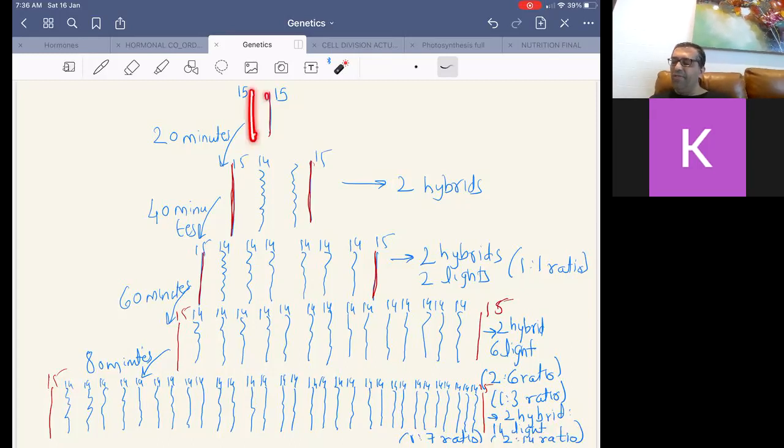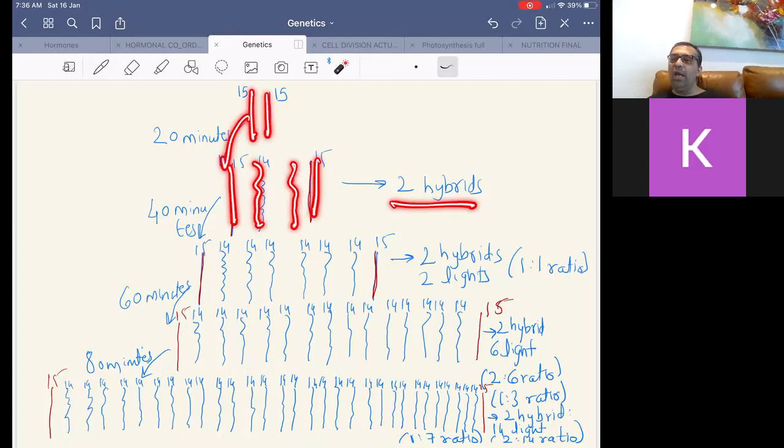So 15-15 gets 15-14, 15-14. You get two hybrids after 20 minutes. The E. coli replicates every 20 minutes by the semi-conservative method. After 40 minutes, you get 15-14, 15-14, 14-14, and 14-14.